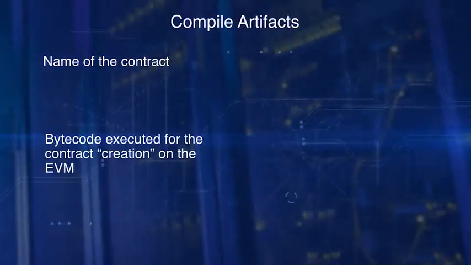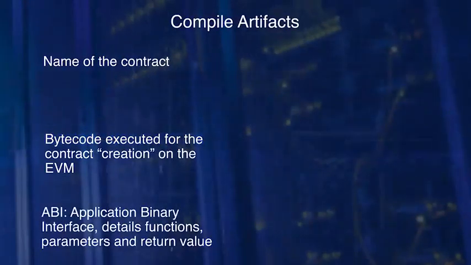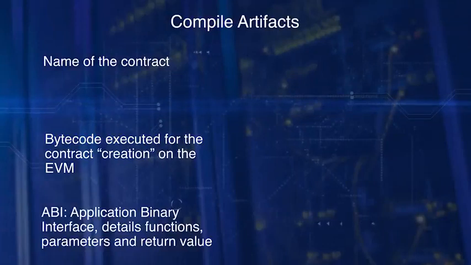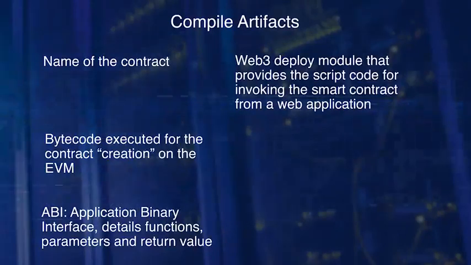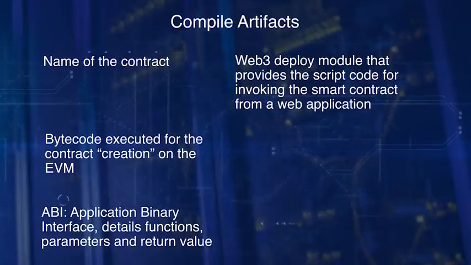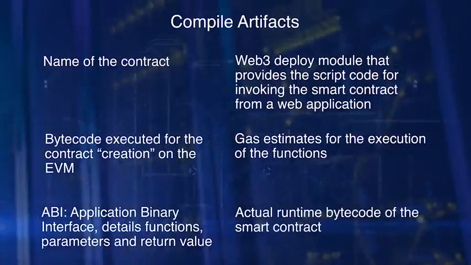Summarizing, the Remix Solidity compiler generates several artifacts as discussed. Here are some important ones: the name of the contract, the bytecode executed for the contract creation on the EVM, the ABI, application binary interface, with details of functions, parameters, and return values, the Web3 deploy module that provides a script for invoking the smart contract from a web application, gas estimates for execution of a function, and the actual runtime bytecode of the smart contract.